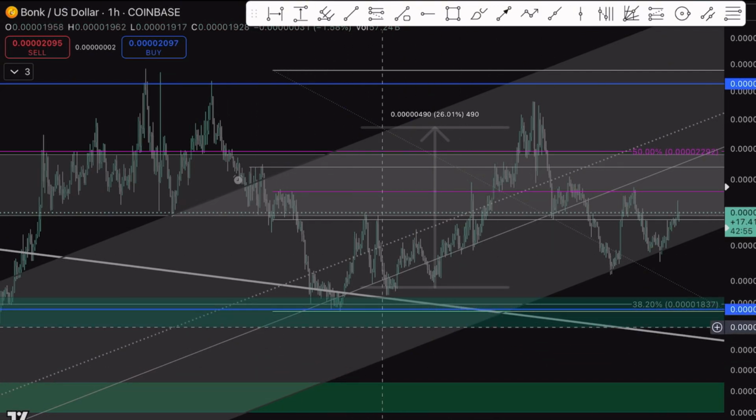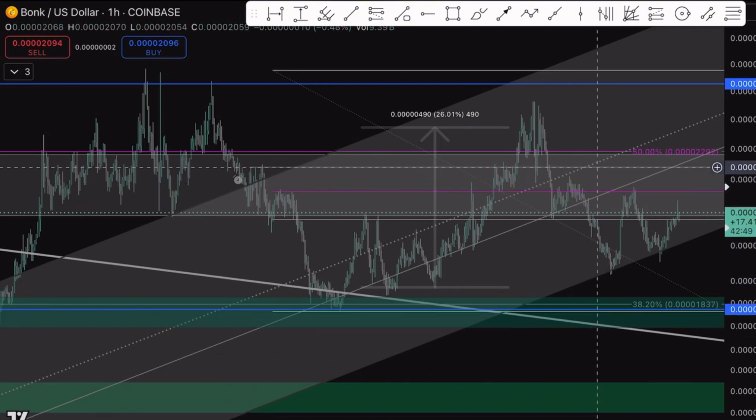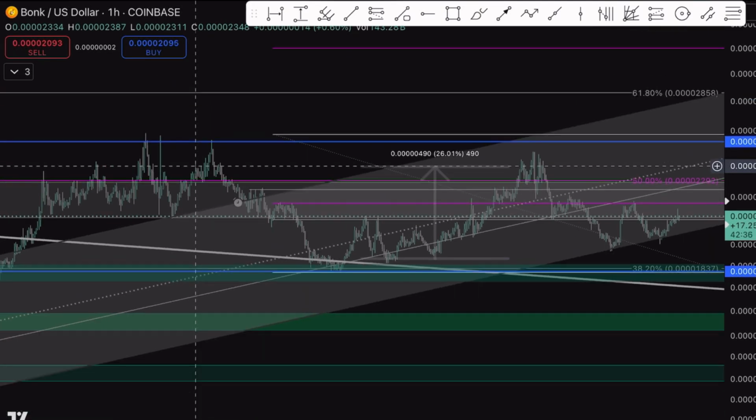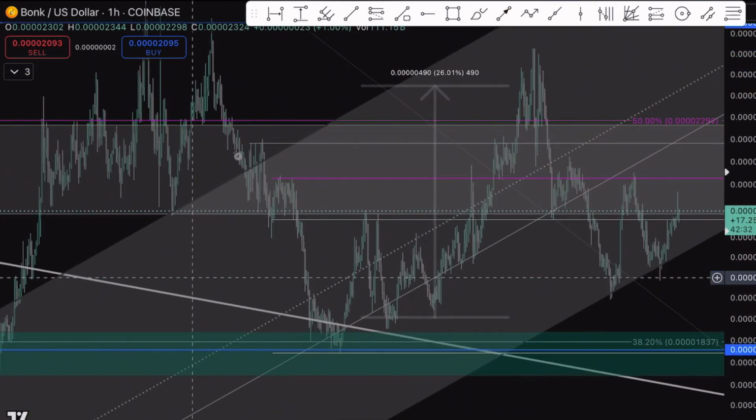And then I use parallel channels for trend lines. And these gray horizontal blocked areas are potential resistance areas, but they're not the highest point of resistance for the whole chart. I usually mark those out in a shaded pink color.